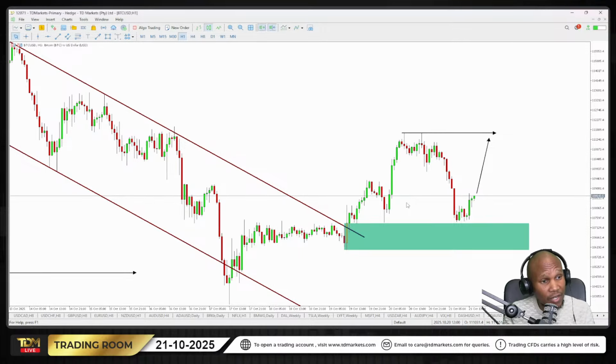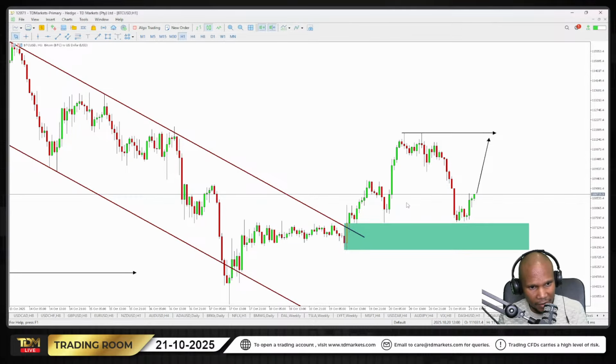It could be that they're trying to manipulate. It could be that they are selling short-term to buy long-term. It could be that they are selling because they're looking for a better price to buy. And by better price, I'm talking about a price that is going to give them a good risk and reward ratio, meaning that bottom.